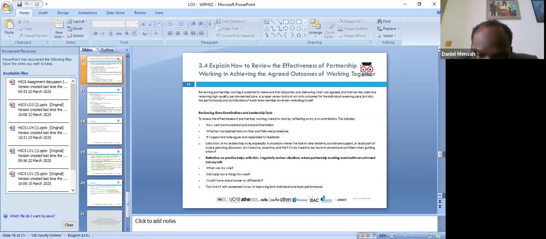So, in looking at your style of leadership, you have to look at how well you communicate, how you complete tasks, whether on time, or how you follow procedures. Are you assertive and fair, or are you assertive and rude? Very, very important.